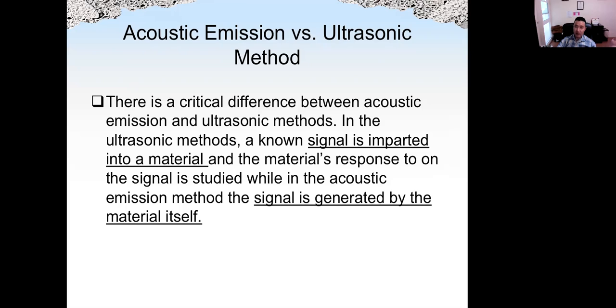But for the acoustic emission method, the signal is generated by the material itself. And we do not know when the signal will be generated because we do not know when the material will crack. That's the major difference between these two methods.